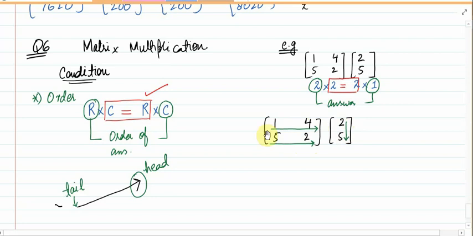Now 1 is on which side? Tail side or head side? So 1 is on the tail side, so tail will be multiplied with tail, right? That means 1 will be multiplied with 2.